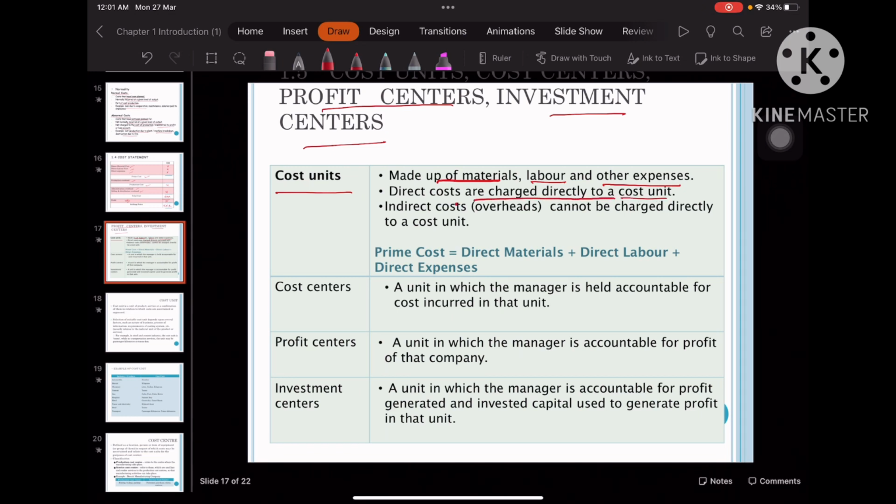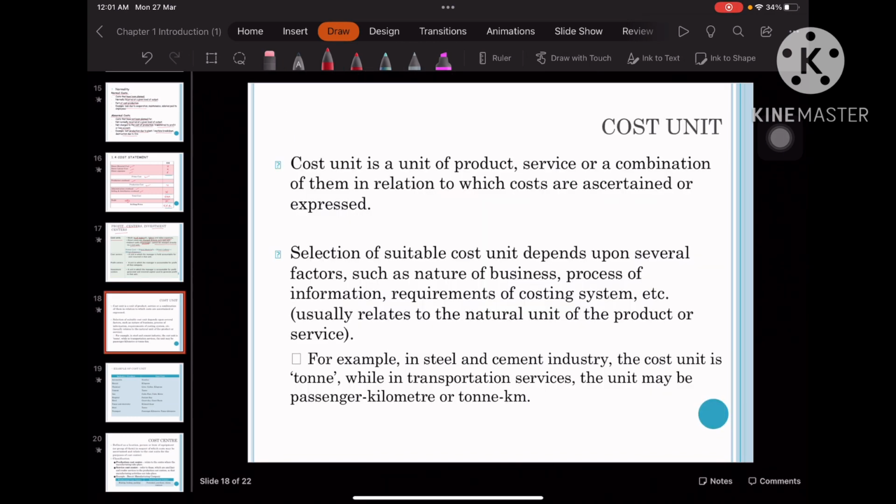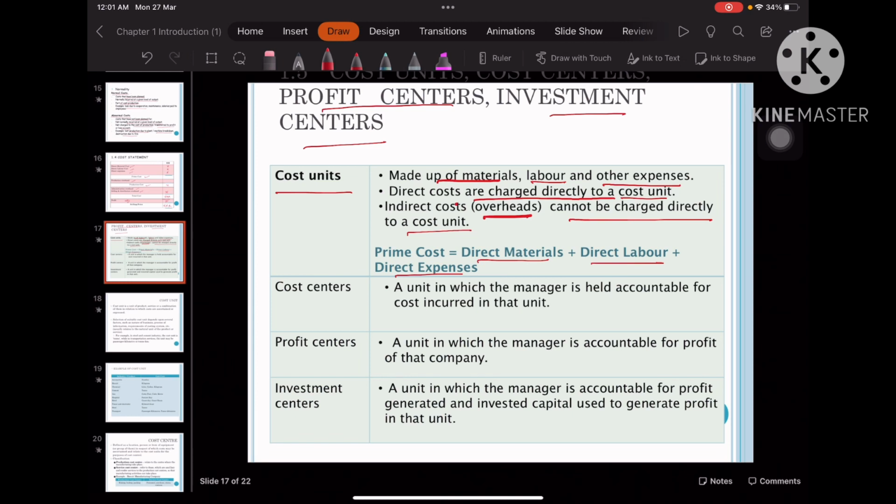Indirect costs, which are overhead, cannot be charged directly to a cost unit. Just like I mentioned earlier, prime costs come from direct material, direct labor, and direct expenses. The cost unit we are going to explain later, so the detail will be at the back.